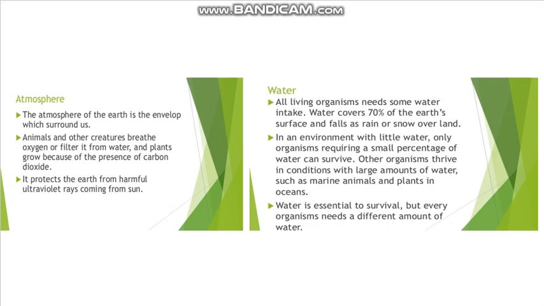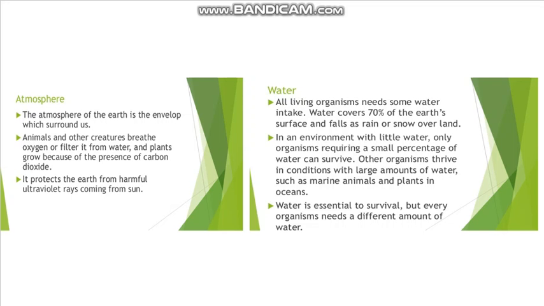Okay students, we know for our living we need non-living things for support, for shelter. So it means we depend on non-living things. This non-living portion of our environment is called abiotic components.